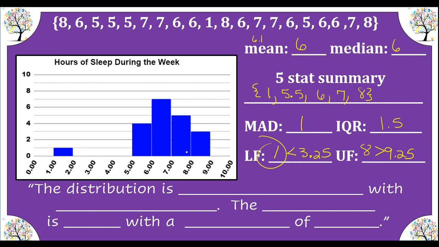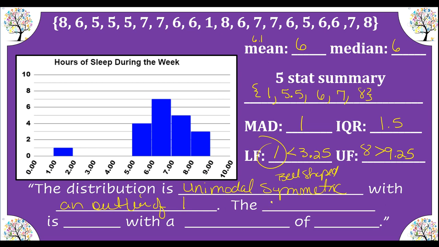This is kind of almost symmetrical. So I'm going to say, let's say it's unimodal and symmetrical or symmetric, which means we could have just said bell-shaped, with an outlier of 1.